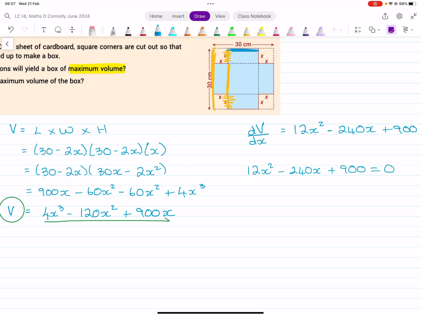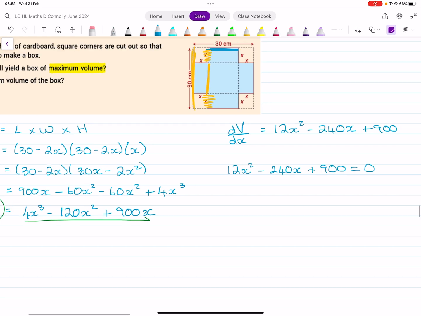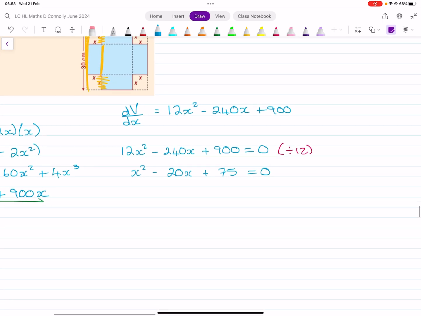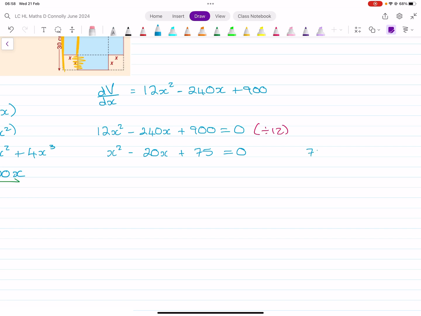I'm wondering... Sorry, I think all of these divide by 12, which is dead handy. So x squared minus 20x plus 75 equals 0. So you can minus b or guide. The guide is 75. 15 times 5. I need minus, so they both need to be minus.